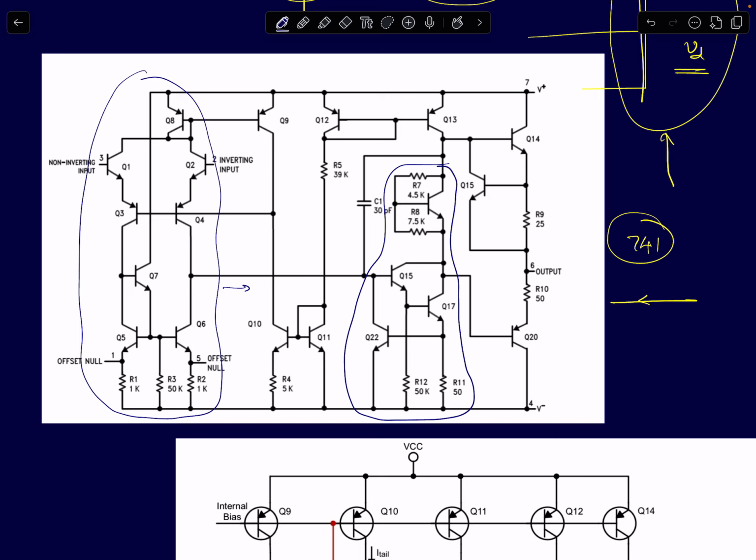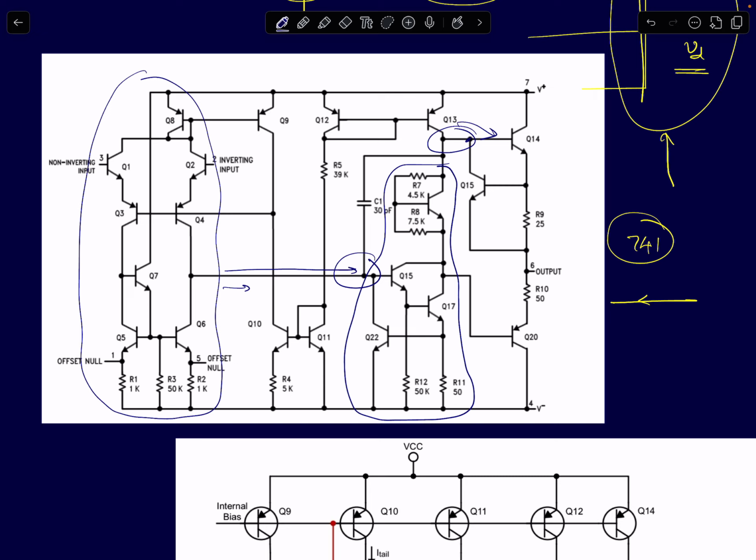It'll act like a common emitter amplifier, which will give you the very high gain needed from Opamps. See here, this is the second stage. The input goes to this node, and this here is the pre-final output node. So this goes to the final output driver stage, which is a common collector configuration. Common collector configurations don't provide you high gain, but they offer you very low output impedance, which is needed for the 741 Opamps.